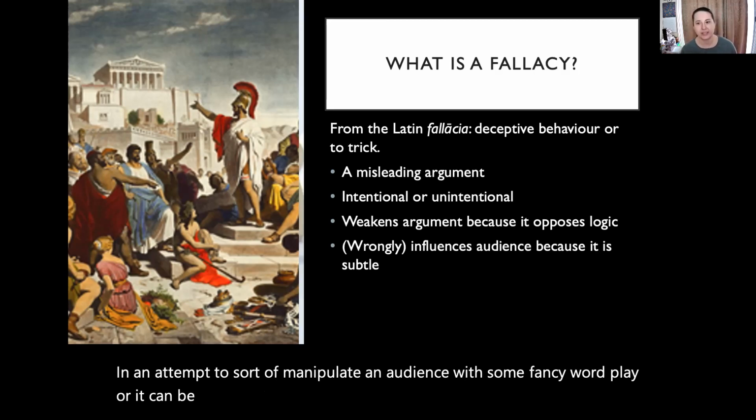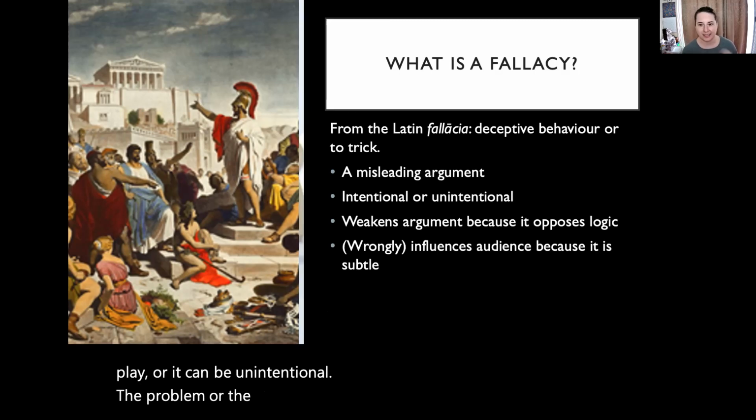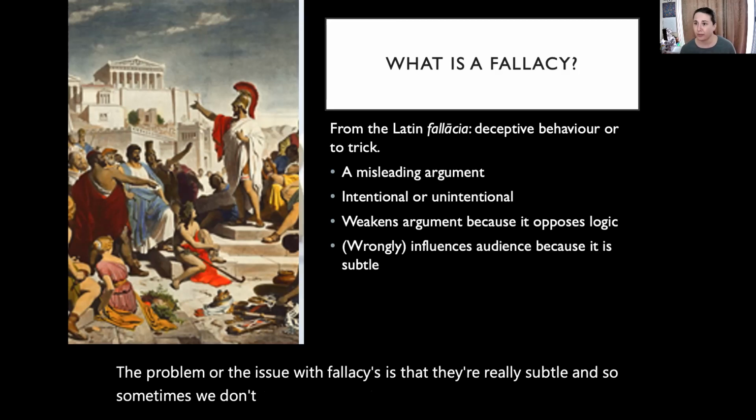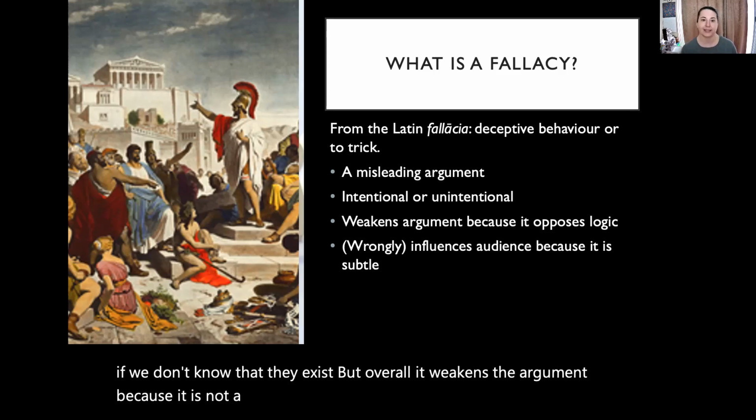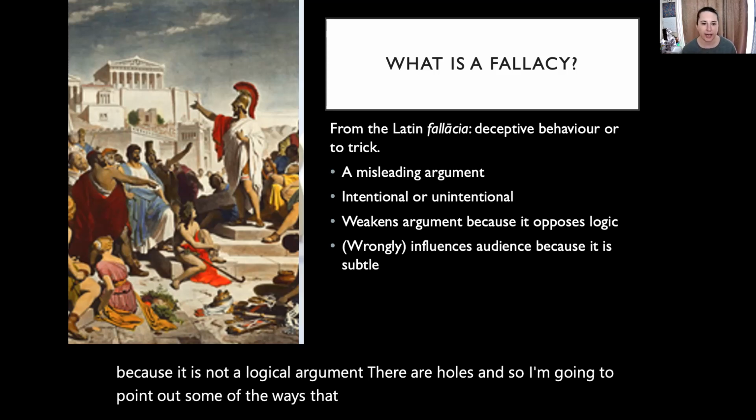The issue with fallacies is that they're really subtle, and sometimes we don't even realize that we are making them, particularly if we don't know that they exist. But overall, it weakens the argument because it is not a logical argument. There are holes. And so I'm going to point out some of the ways that fallacies are created.